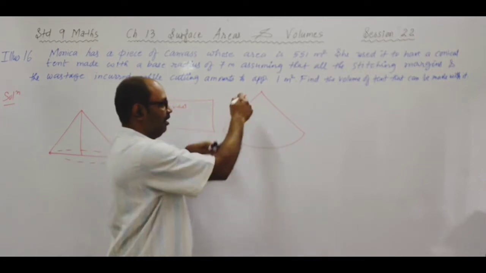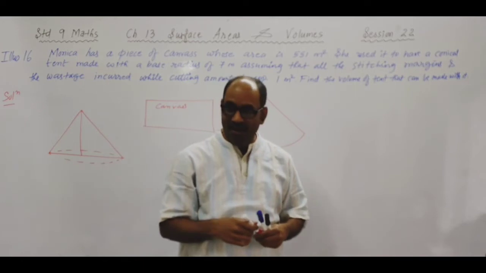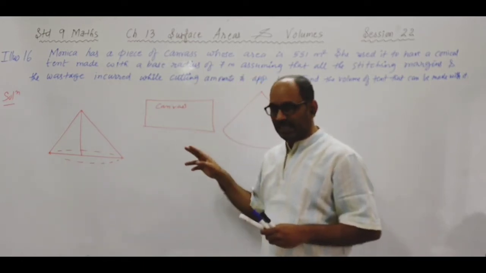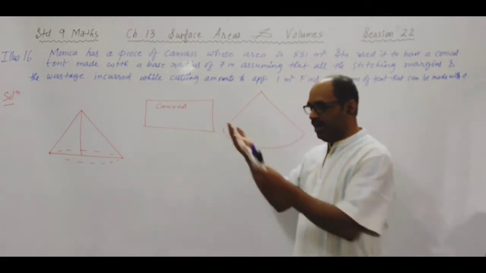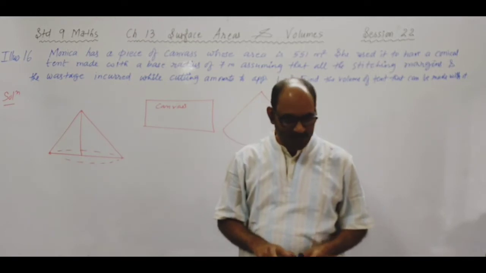And then if these two radii are joined together, it forms a cone. So this rectangular shape, after cutting and stitching, was converted into this.